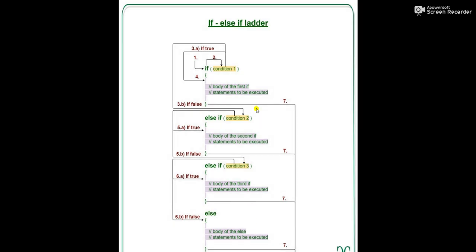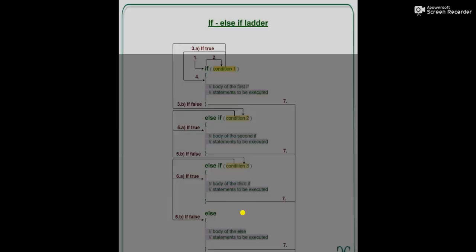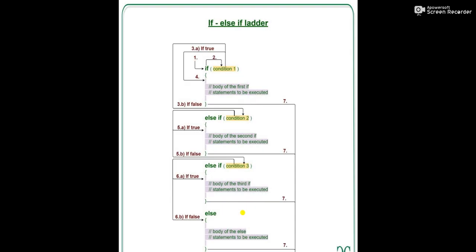Suppose all these conditions are false, there is no condition that is true. During that time, the compiler executes the last block, that is the else block of statements. So when a condition is true, its corresponding block will execute and the rest of all statements will be bypassed. This is the criteria which is implemented in else if ladder.